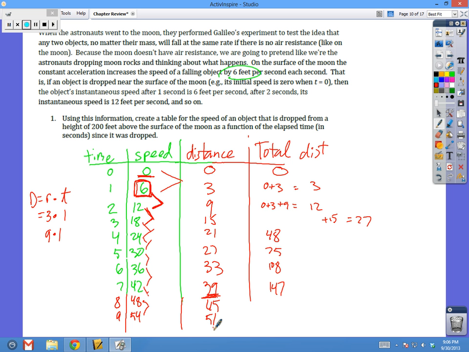I'm going to take that total of 147 and add 45 to it. I get 192. 192 plus 51, and I get 243. So somewhere right in between those two is when he's going to hit the moon, which is right between 8 and 9 seconds. So pretty close to 8 seconds, a little bit over 8 seconds.